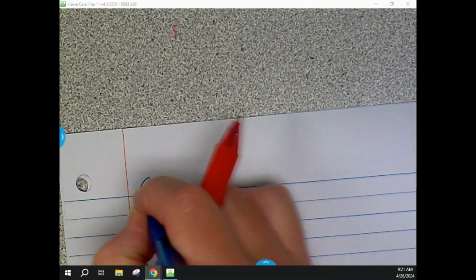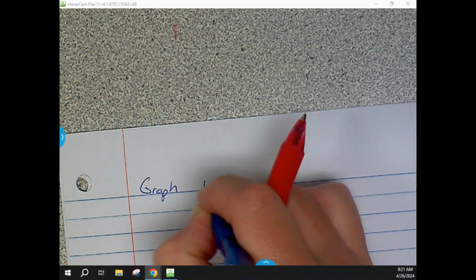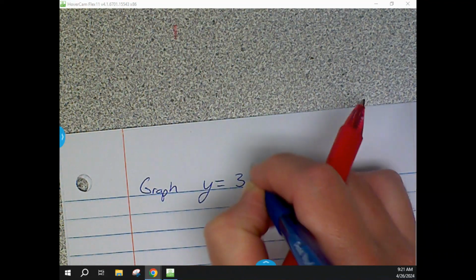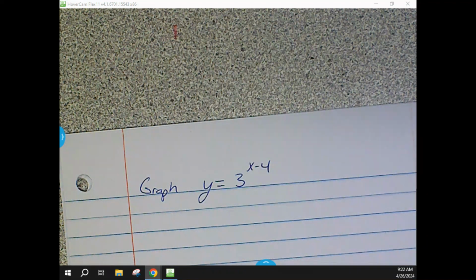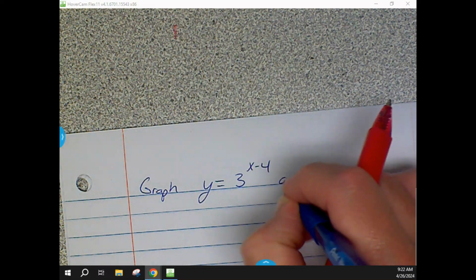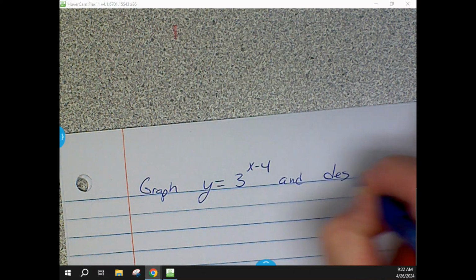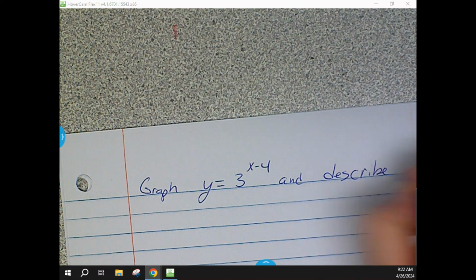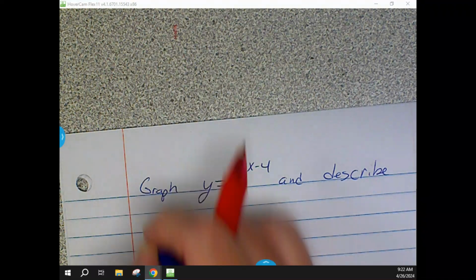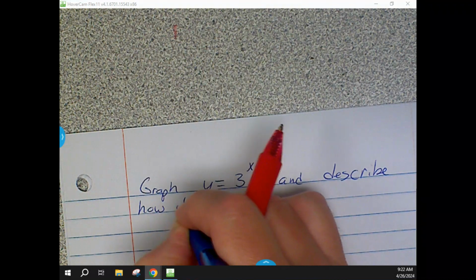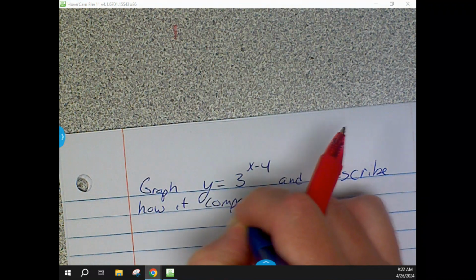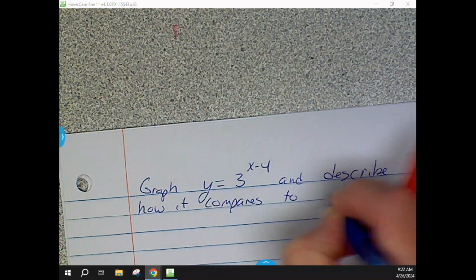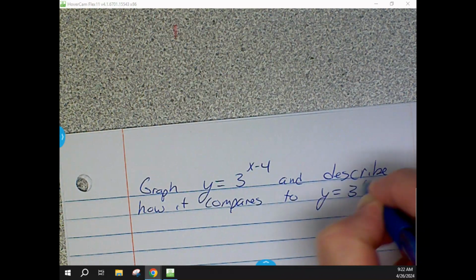All right. So let's graph y equals 3 to the x minus 4 power. And we're going to describe how it compares to y equals 3 to the x.